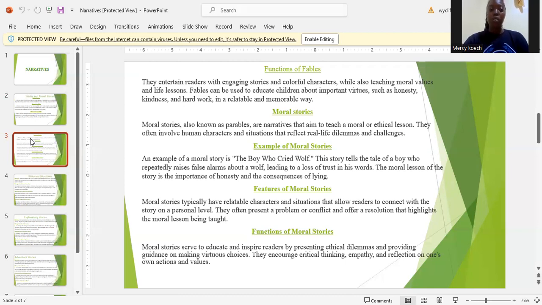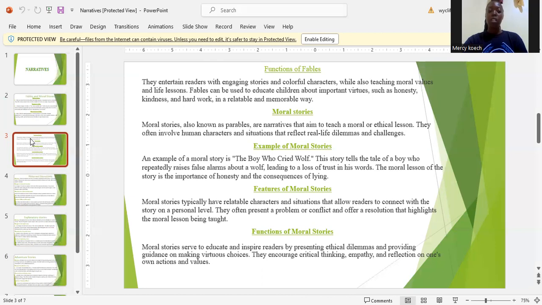Features of moral stories. Moral stories typically have relatable characters and situations that allow readers to connect with the story on a personal level. They often present a problem or conflict and offer a resolution that highlights the moral lesson being taught.